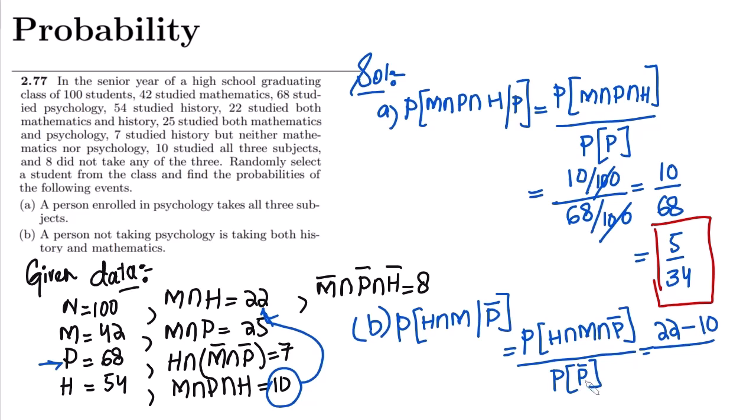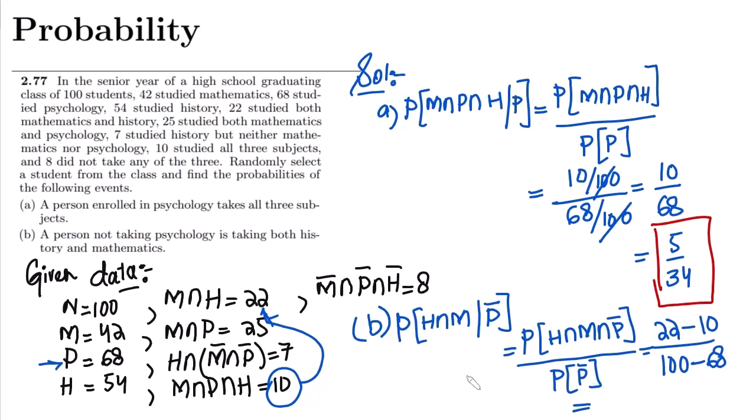Here again I don't know the value. But I know the value that he has taken psychology, and the people who did not take psychology would be the total number of people minus the people who have taken psychology as a subject. So now finding the probability of it, what would I get?